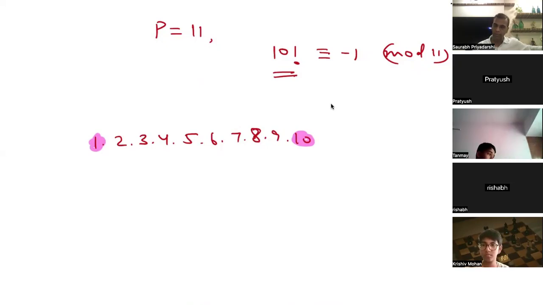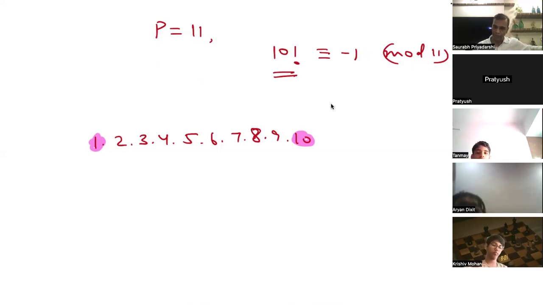Is this okay? 1 is 1 only, 10 is minus 1. And 9 is combining with 2, so 9 is giving you minus 2.